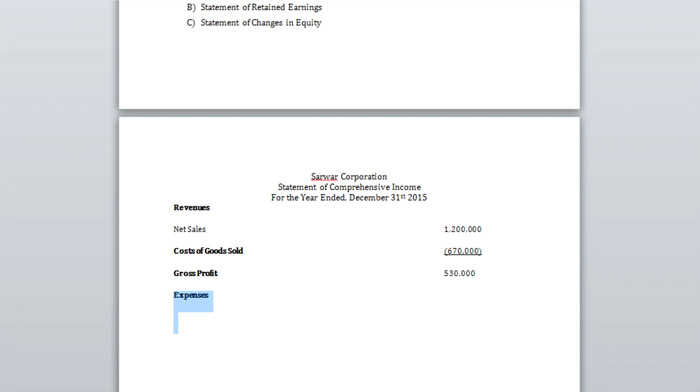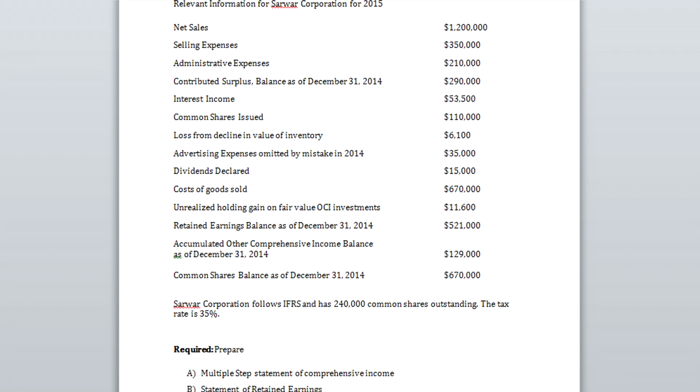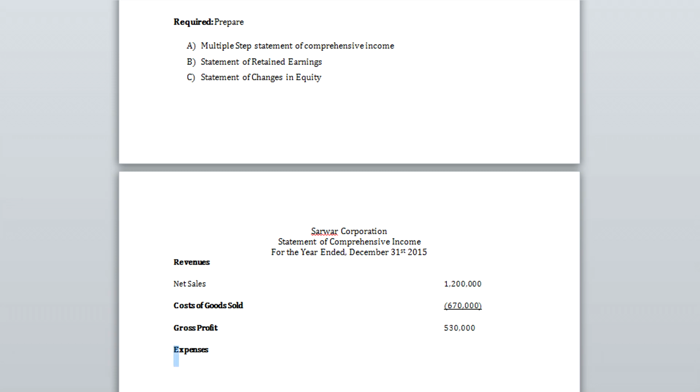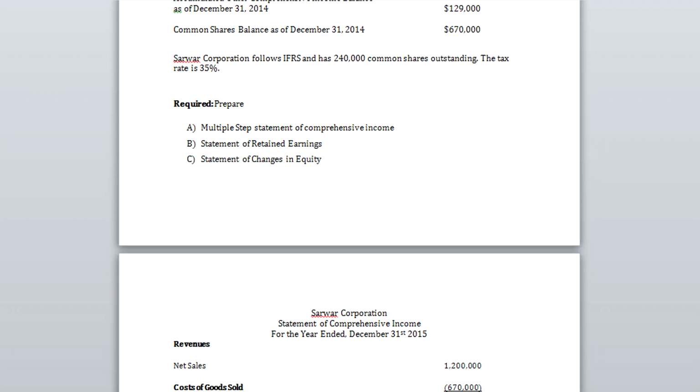And in the expense section here, we're going to include our operating expenses. So for revenues here, we included our operating revenues. And then later on in the multiple step income statement, we'll have our own separate section for our non-operating revenues, which would be things like interest income. And so, for expenses, again, we include our operating expenses first.